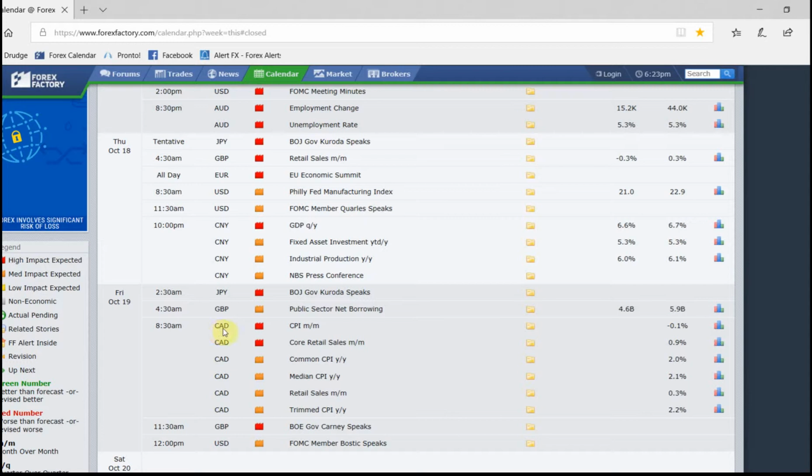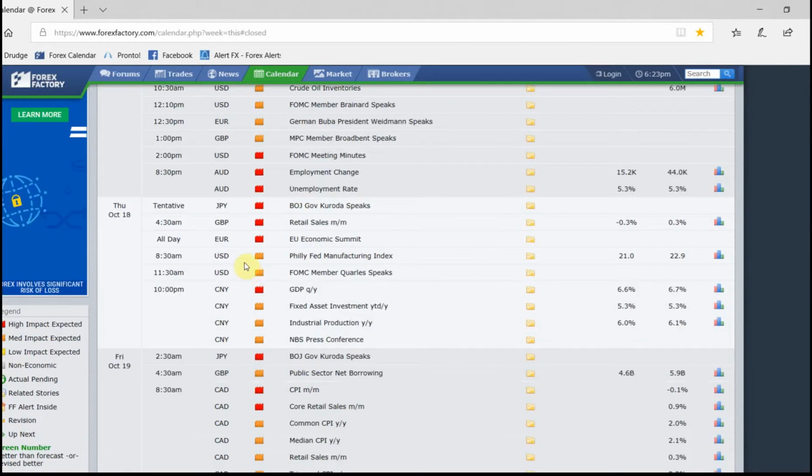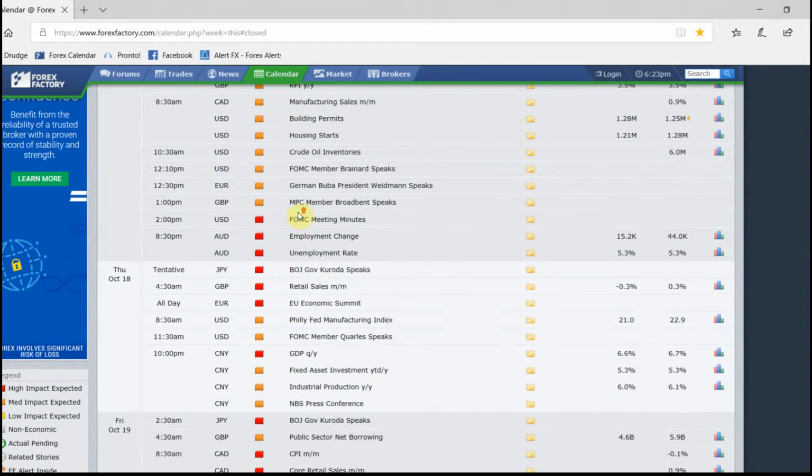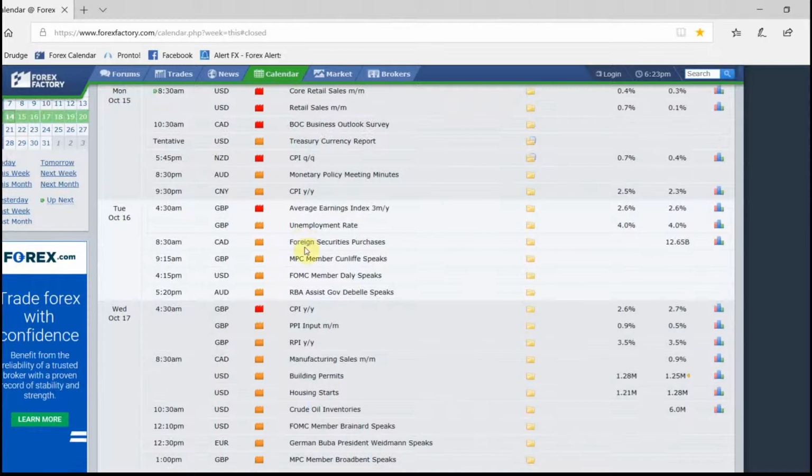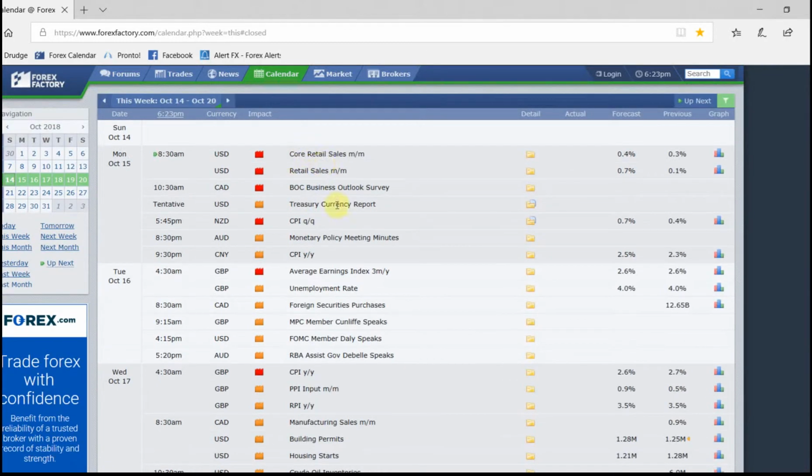So, all right, that's it. The main things this week, working backwards: Canadian news Friday, Euro summit on Thursday, potentially Bank of Japan Wednesday, Aussie employment news potentially, FOMC minutes potentially, and back to Monday, Kiwi CPI and US dollar retail sales.